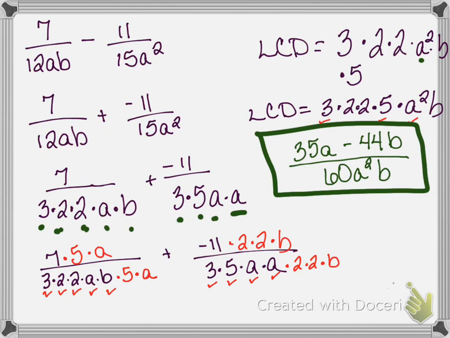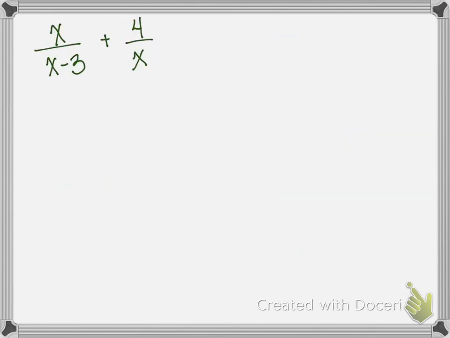Can I move? Okay. So here, I've got an x minus 3. That is a binomial, and it has to function together. That x minus 3 cannot be separated. Then in my second fraction, I have an x. So my LCD is going to be x minus 3 times what?